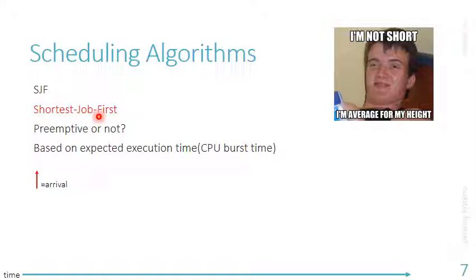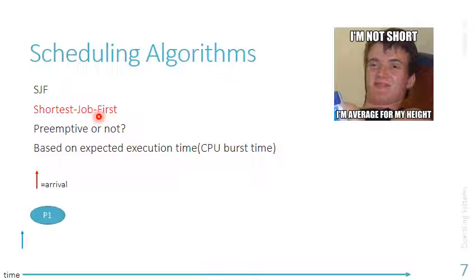So the ready process with the smallest execution time needed, so CPU burst time, I'm gonna call it execution time or burst time, same thing, should be selected first. Fair enough.